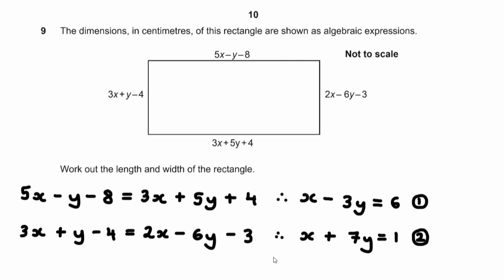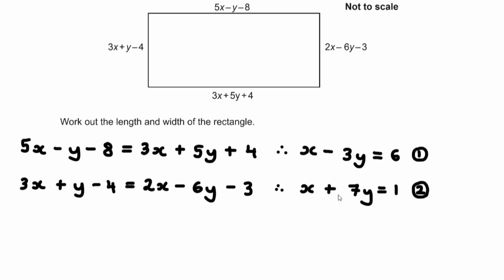Now, I've got two unknowns, x and y, and I've got two equations, equation 1 and equation 2. I can use this to find out what x and y are, and from that find the length and the width.